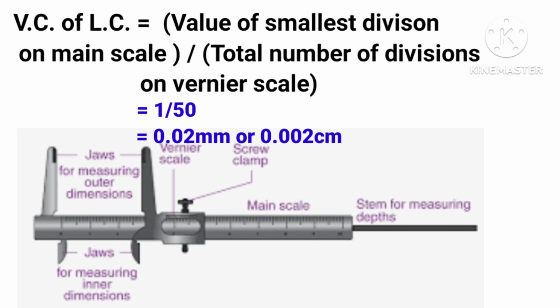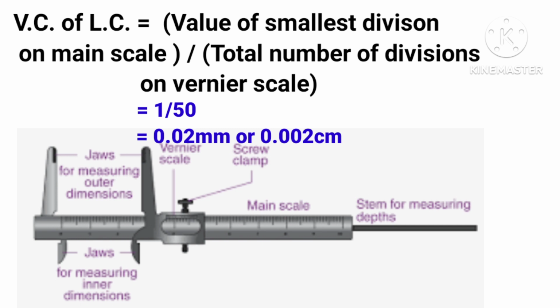If you observe that image, you can find that the smallest division on the main scale is 1 mm and the total number of Vernier Caliper divisions is 50. So 1 mm divided by 50 is equal to 0.02 mm. In other words, we can say 0.002 centimeter.